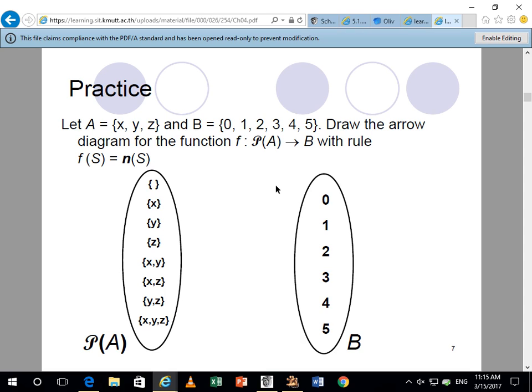And what that means is the number of elements in your set. You can have 0 elements, 1 element, 2 elements, 3 elements, 4 elements, 5 elements.